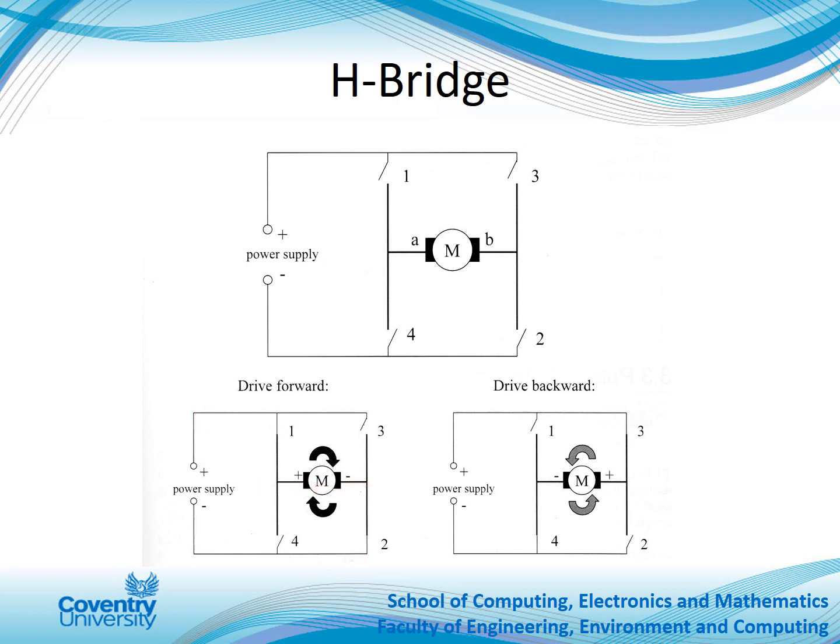Closing switches 3 and 4 in the same way gives this situation, which allows the current to move through the DC motor in the opposite direction, and that causes the motor to rotate counterclockwise. So we change the direction, and when we combine that with PWM, we can change the speed as well.